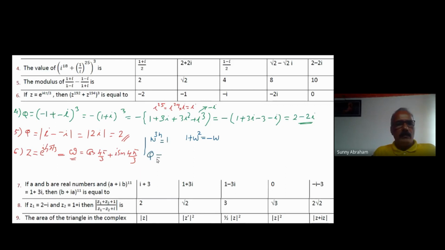The question becomes omega raised to 192 plus omega raised to 192 into omega square, the whole raised to 3. 192 is a multiple of 3. So this answer is 1 plus omega square, the whole raised to 3. That is minus omega, the whole raised to 3. That is minus omega cube. That is equal to minus 1.